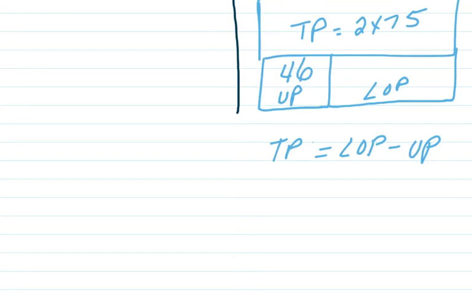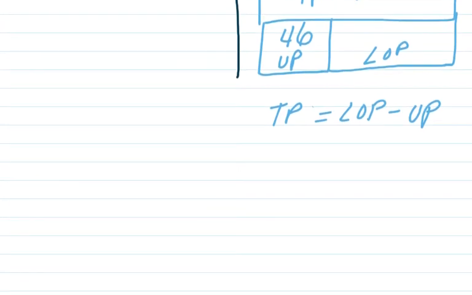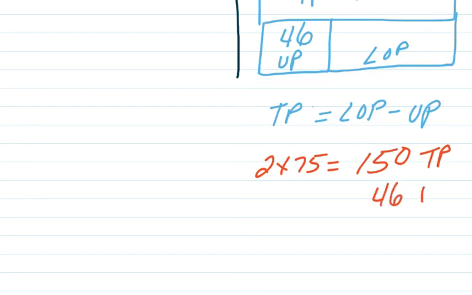Well, we know from looking up here that our total pencils is 2 times 75. So we're going to do 2 times 75. That's going to give us 150, which is going to be my total pencils. Now I'm going to subtract my used pencils. As you can see, I'm labeling here on the side, and what I'm going to have is my LOP, my leftover pencils.